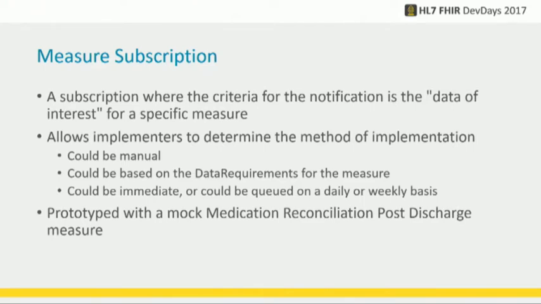All we're saying is that we want to be notified whenever this data changes. So we prototyped this with a mock MRP discharge measure. This is a case where, when a patient is discharged from a hospital, within 30 days there needs to be a follow-up reconciliation.